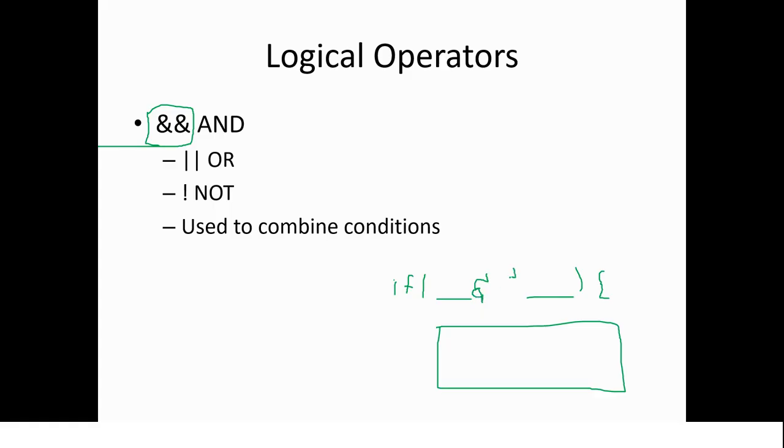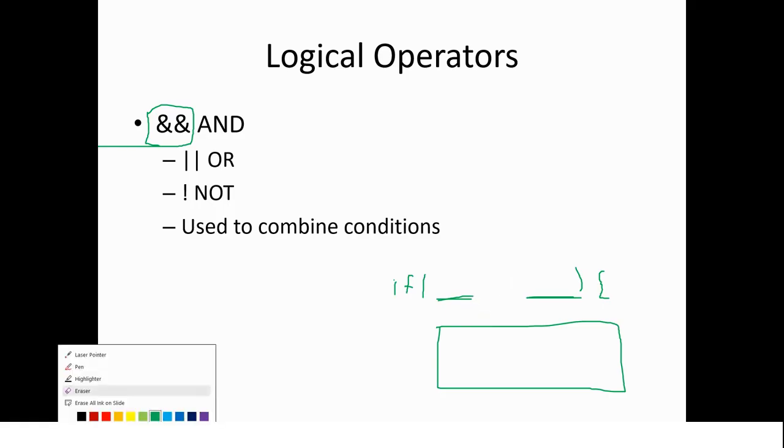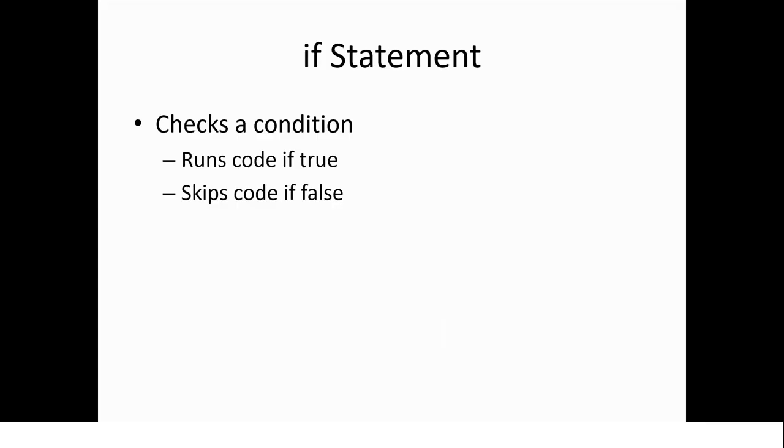And let's say you want this condition or this condition, and then you'll run this line of code. In that case, you won't use this; you will be using two lines. And then this would be not. You can use these to combine conditions.